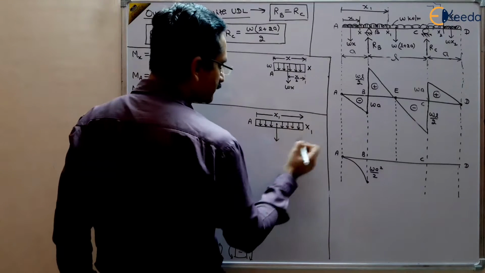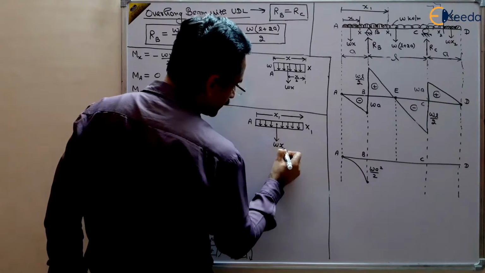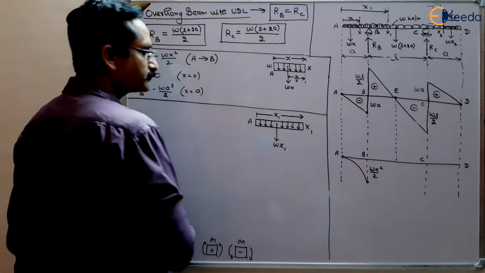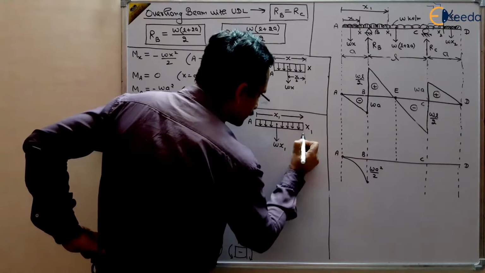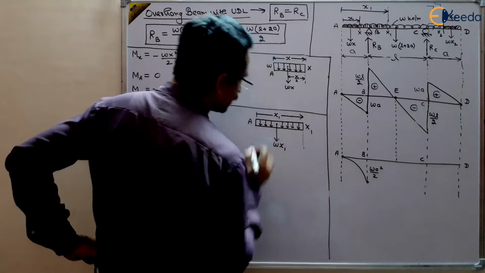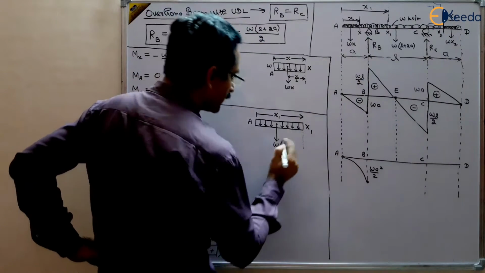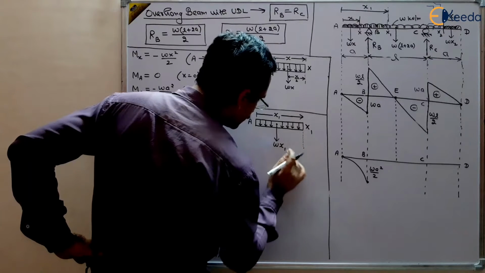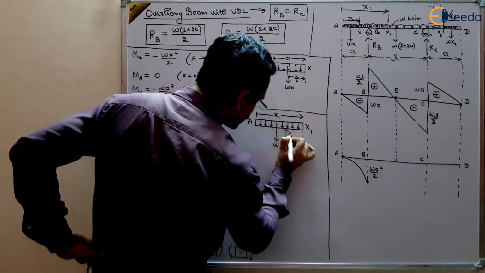And what is the amount of this force? That is W multiplied by x1, Wx1. And this Wx1 will be at a distance of x1 by 2 from the center. And there is another force RB here, right?